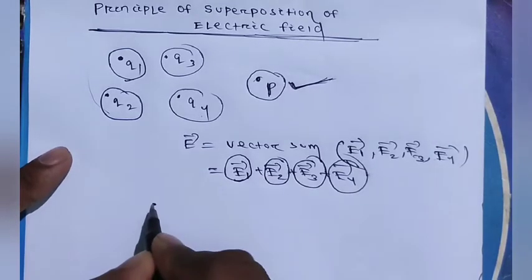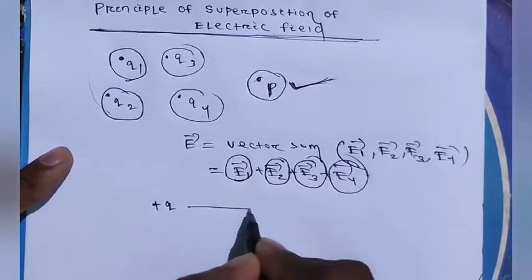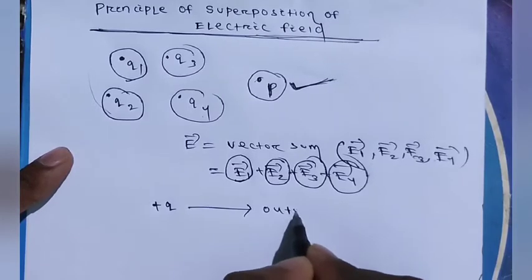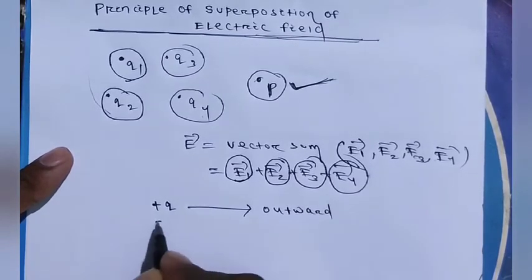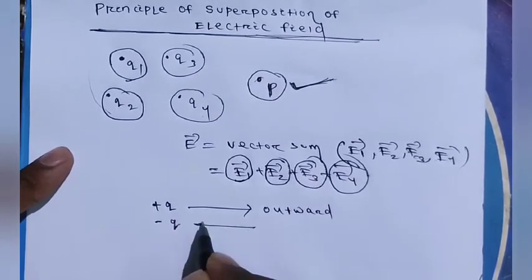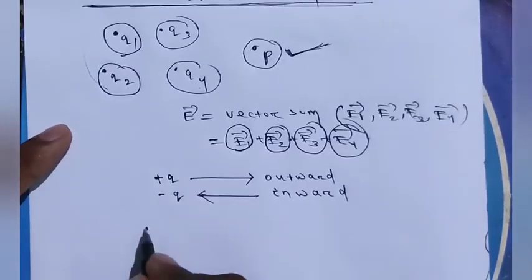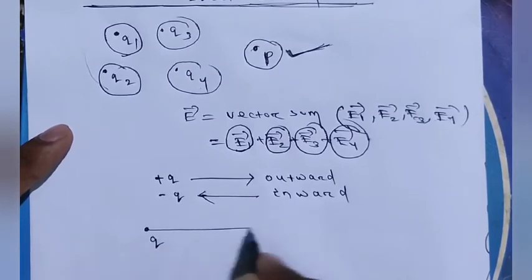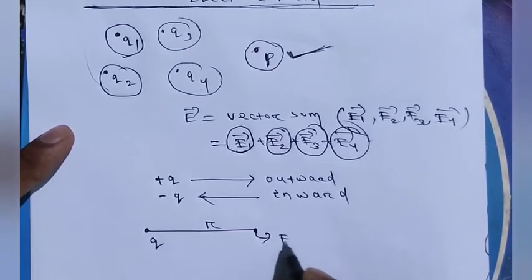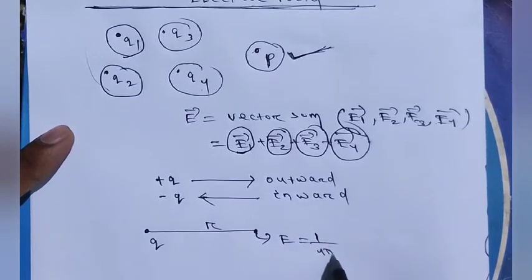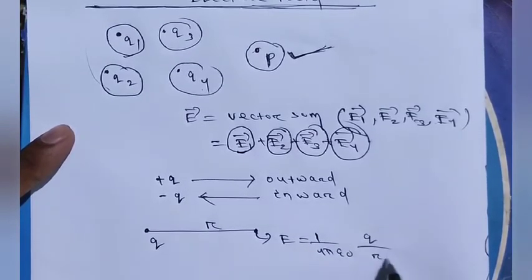For positive charges, the direction of electric field is always outward, and for negative charges, the direction of electric field is always inward. If there is a point charge Q, then at a distance R the electric field will be simply 1 by 4 pi epsilon times Q by R square.